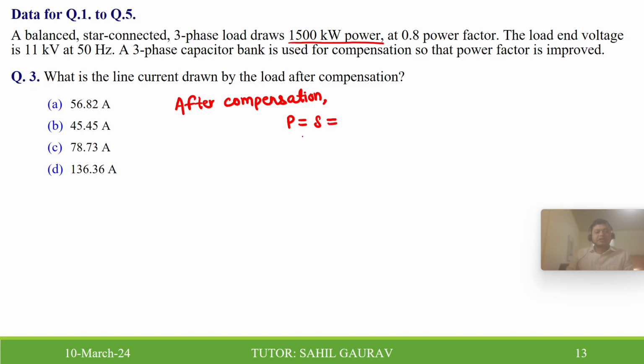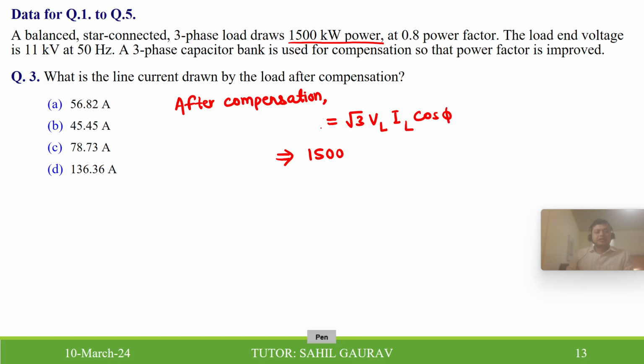So after compensation, S is equal to root 3 VL IL. Since active power is 1500 kilowatt, after unity power factor this will become the same as apparent power, and cos phi is 1.